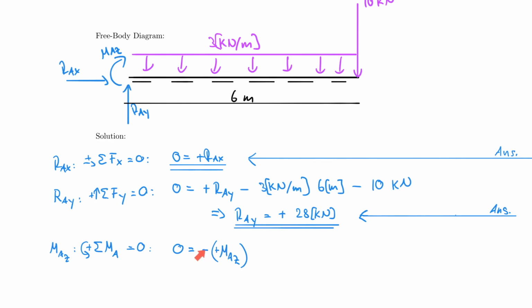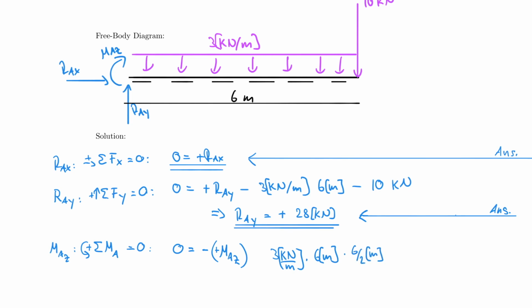But this is the directional sense in the definition system here. So now I can use my other forces, which are 3 kilonewton per meter multiplied by 6 meters. And you guessed it, the right lever arm here to use would be 6/2 meters.